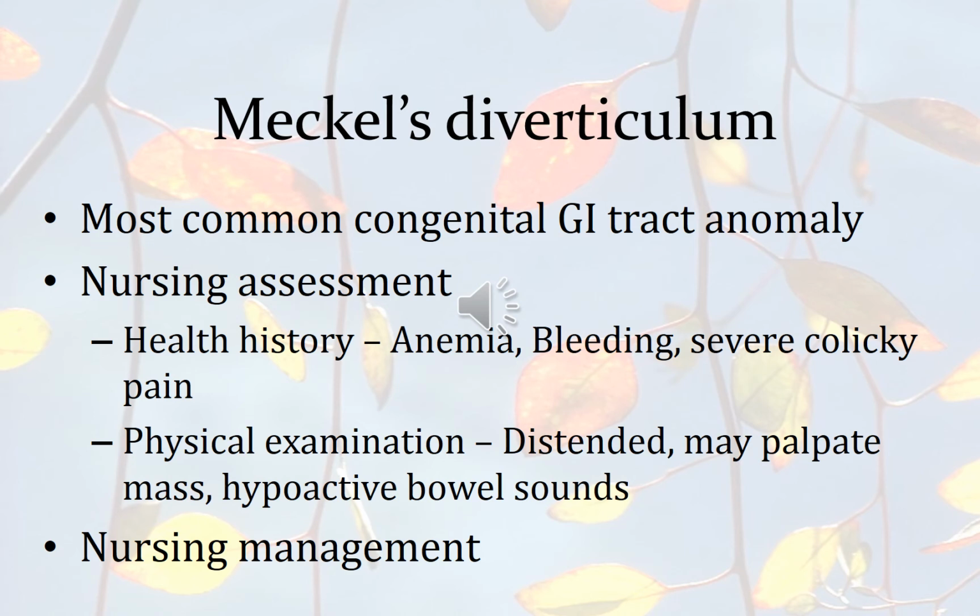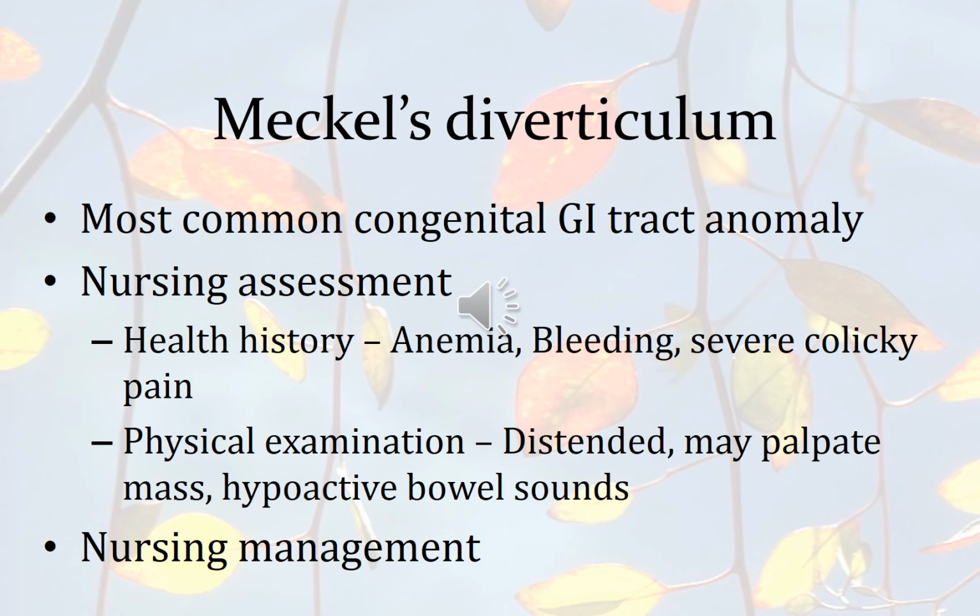It is a result of incomplete fusion of the omphalomesenteric duct during embryonic development. History that we will get from parents is that the child may have been having some bloody stools, again because it's so painful. They'll be very colicky, especially if the parents are touching their belly at all.